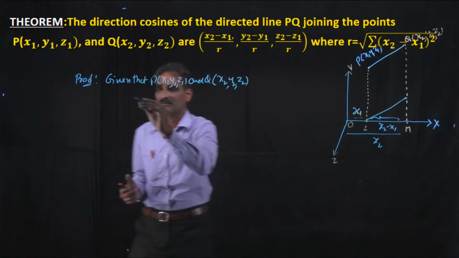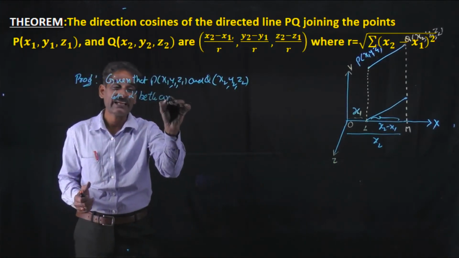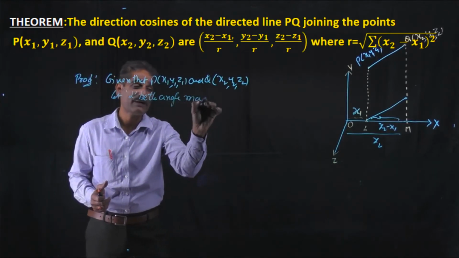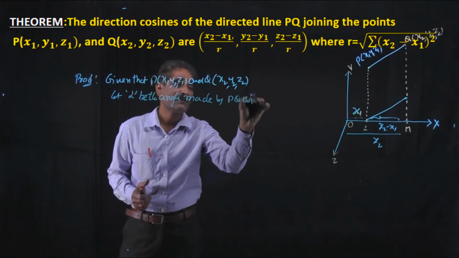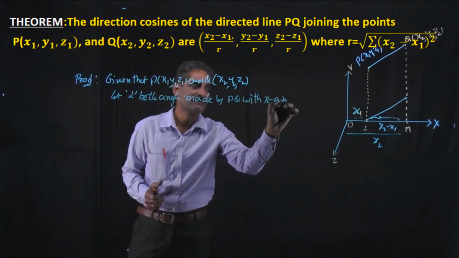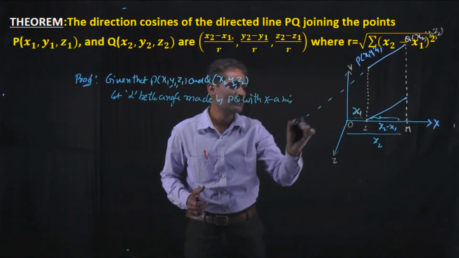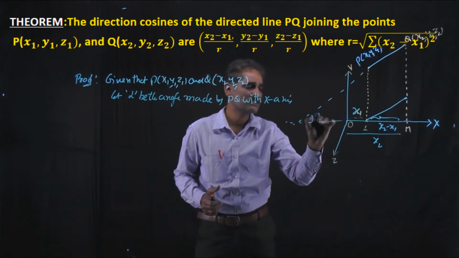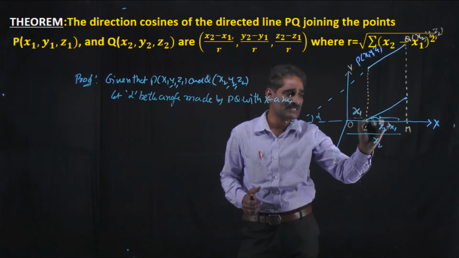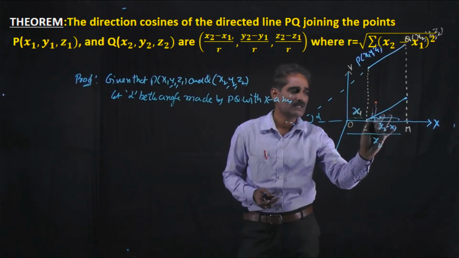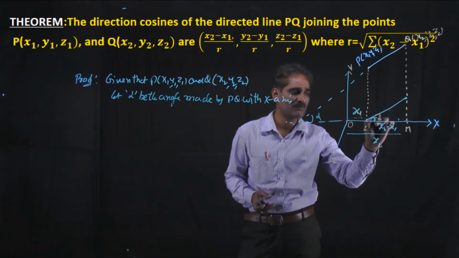Let alpha be the angle made by PQ with the x-axis. Since these 2 are parallel lines, the angle made by this line with the x-axis is also alpha. So these 2 angles are the same.